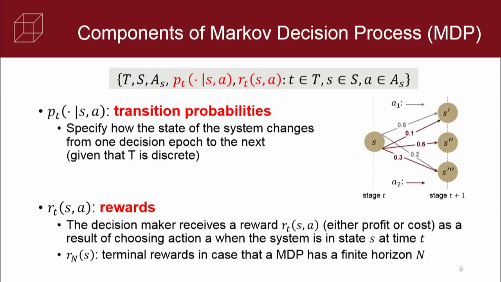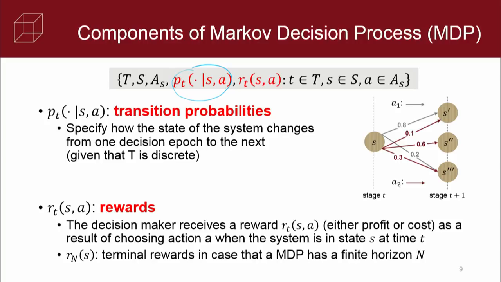All right, so the fourth component is the transition probability. As you remember, when we studied Markov chain or Markov process in the last session, we learned the one-step transition probability. At the time, the one-step transition probability referred to the conditional probability of the immediate next state given the current state.